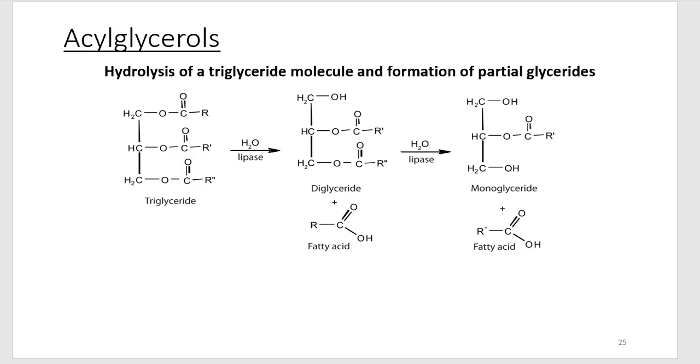So what happens if we break down that structure? Complete hydrolysis of triglycerides yields free fatty acids and glycerol. It's a hydrolysis reaction. A lipase is an enzyme that catalyzes the hydrolysis of fats and oils.